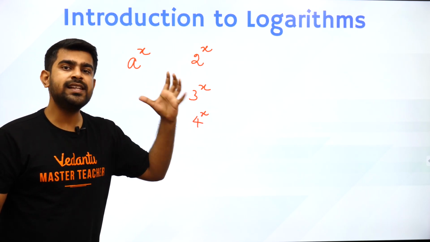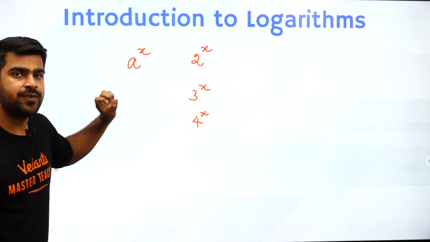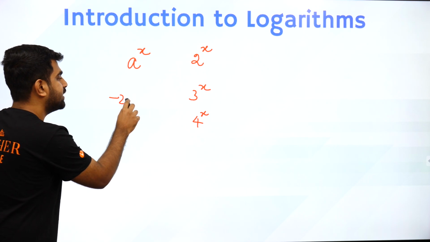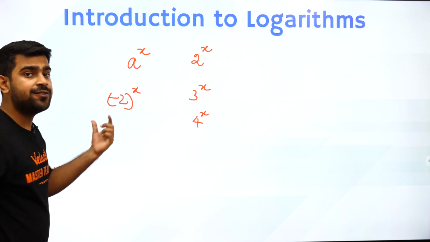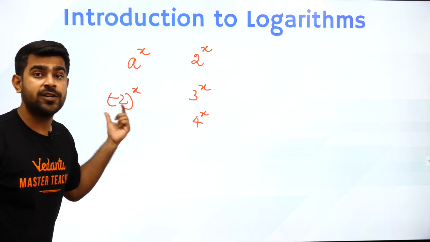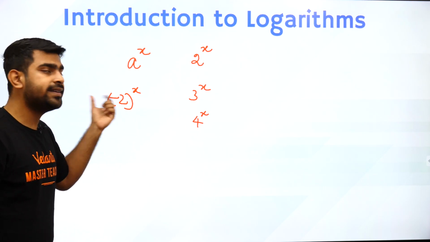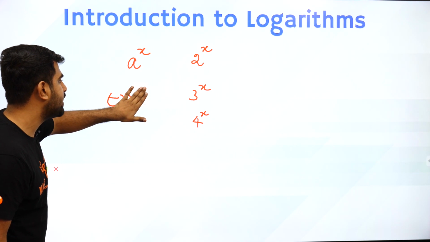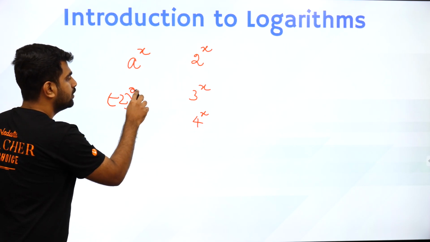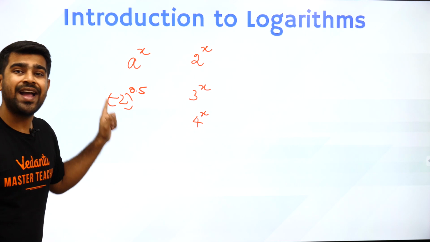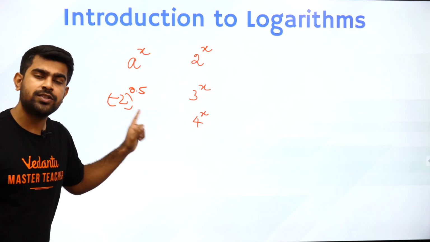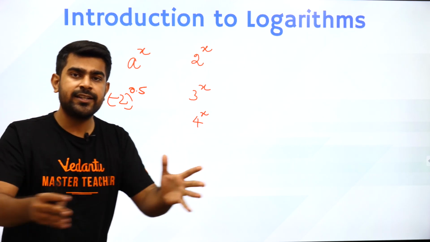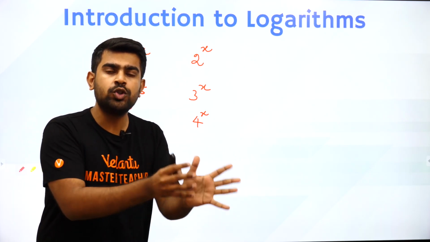Okay guys, please note that in exponential functions, you will never have something like minus 2 power x. You must have noticed that because it is not defined for all values. Let us say my x is equal to 0.5. That means what? Square root of minus 2. Is square root of minus 2 defined? Did you guys anywhere in your 10th standard study roots of negative numbers?